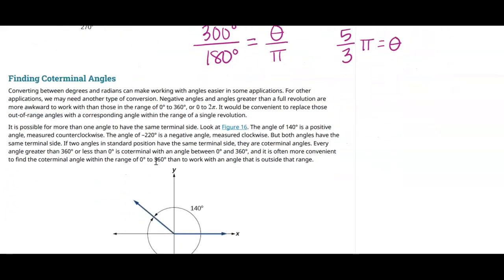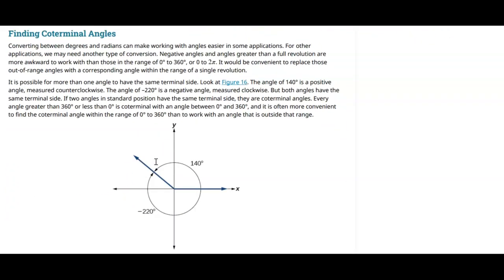All right, the last big chunk of information that I want to make sure that we go over is coterminal angles, meaning that the terminating side is the same whether you go in the counterclockwise direction or the clockwise direction, so this is counter, this is clockwise.